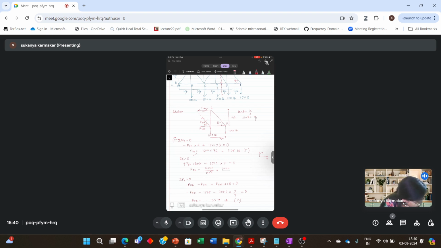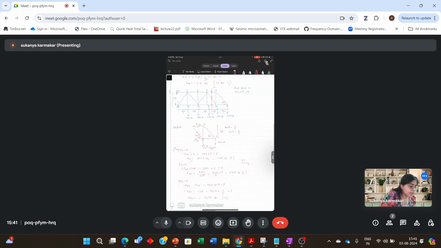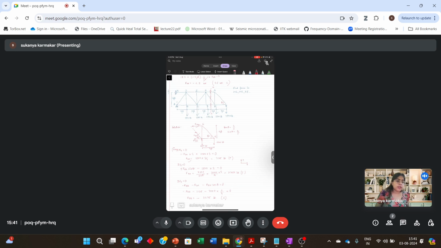So it comes out to be 3000 into 5 divided by 4, so 3750 pound positive, that is in tension. Is this question clear? Here I have again used the method of sections.